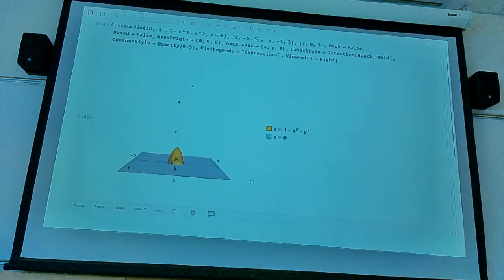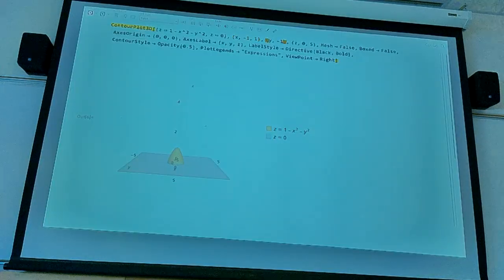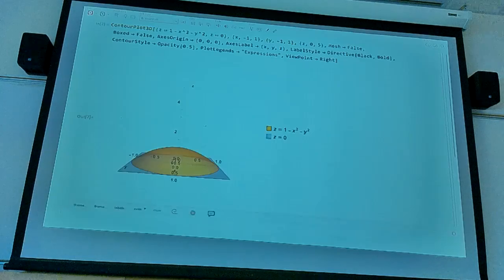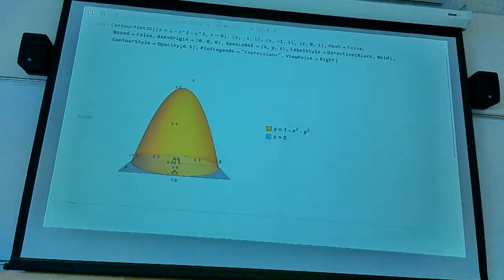And we can now shrink the other viewing window to negative 1 to 1. And I can probably get z to go 0 to 1, like that.